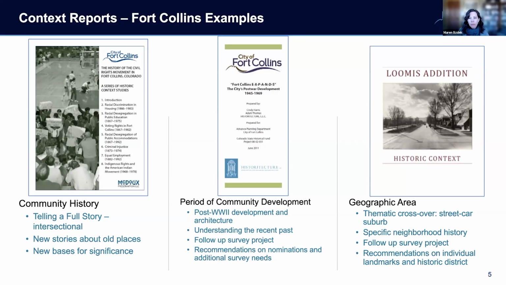So one nice thing about this particular civil rights history project, first of all, it's an intersectional story. When we thought about, from a strategic planning perspective, how we are going to set ourselves up for context reports in the future that have greater community involvement, one of the things that we recognized is we didn't have a lot of strong community partner relationships around this particular type of activity.